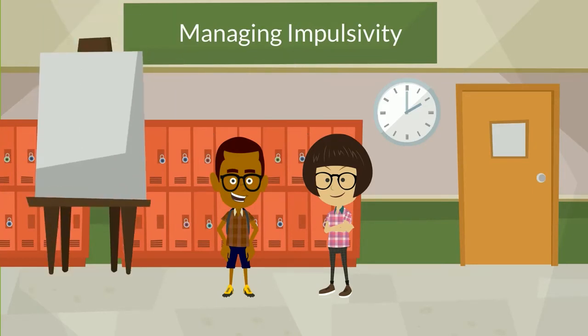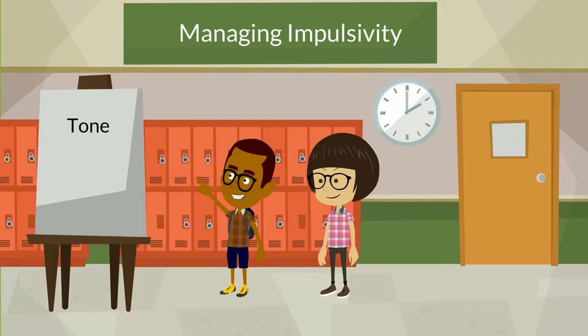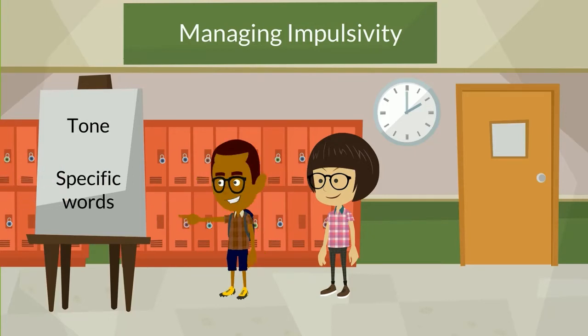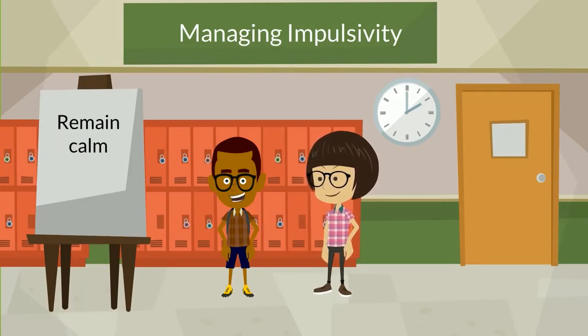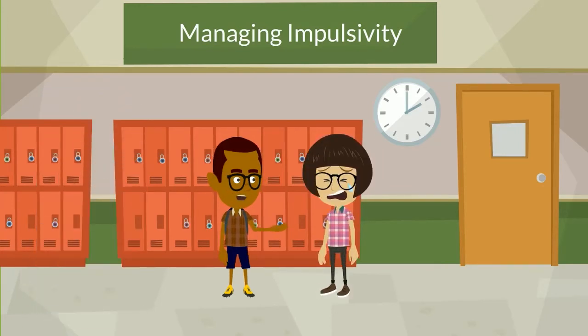How feedback is delivered includes tone as well as the specific words chosen. It's not always easy to receive feedback from others, but managing impulsivity also includes remaining calm when stressed or challenged. Some students may feel challenged when receiving feedback from peers, rather than those in a position of authority, such as a teacher, parent, or coach.